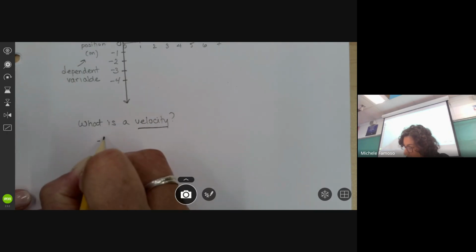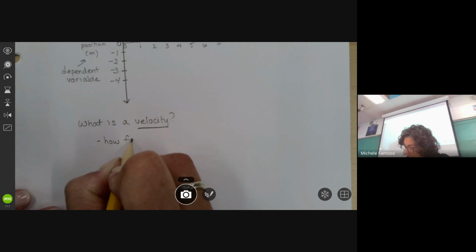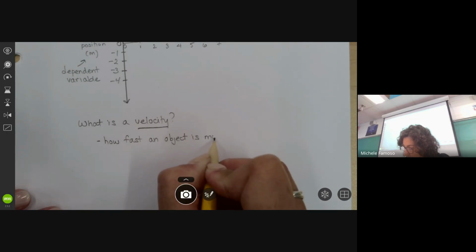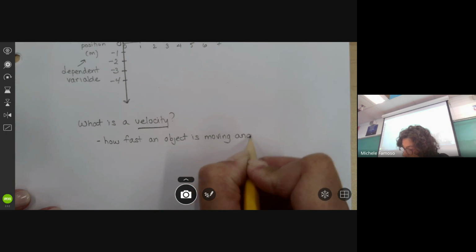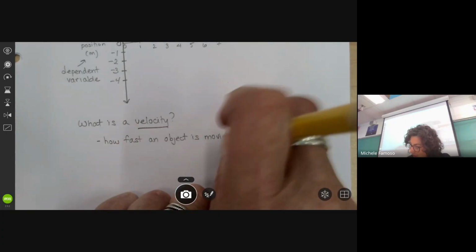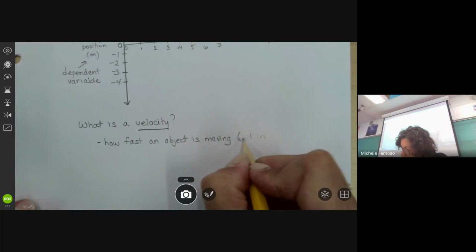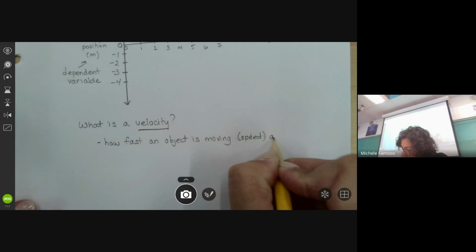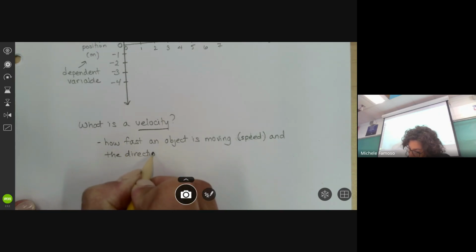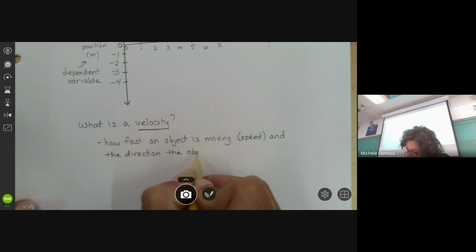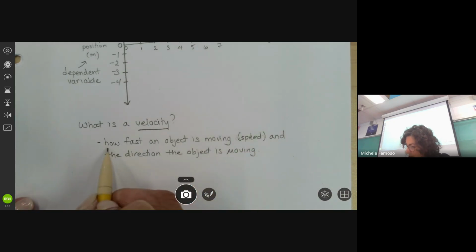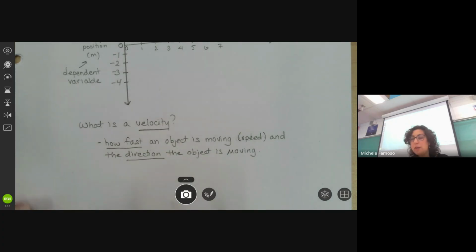Remember, when we deal with a velocity, we're talking about how fast an object is moving and, when we say how fast an object is moving, before I do the and, that's referring to the object's speed and the direction the object is moving. So there's two pieces. How fast with a direction.